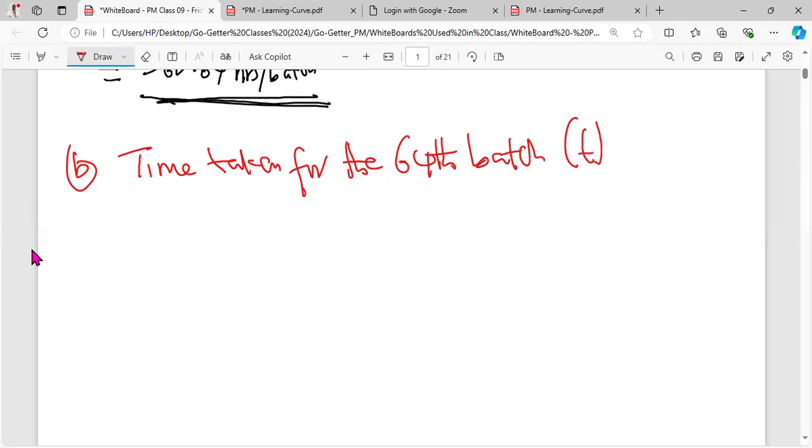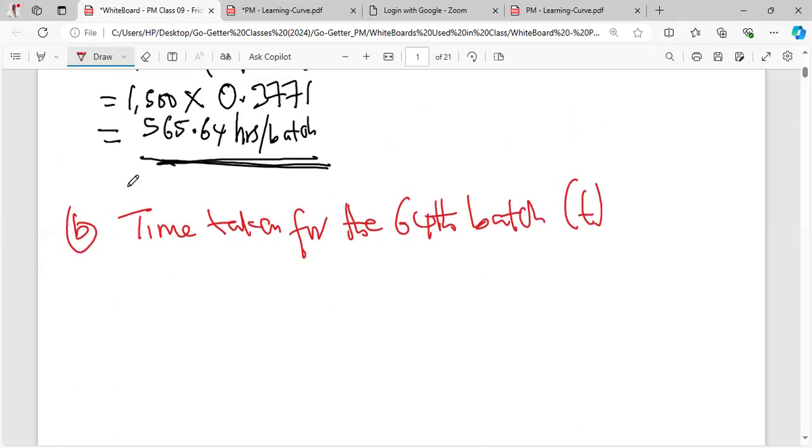Okay, so you find out that there's a difference between the average time taken for 64 batches, or the total time taken for 64 batches. Okay, now let's give this analogy.